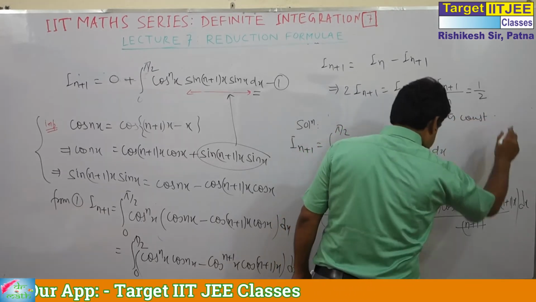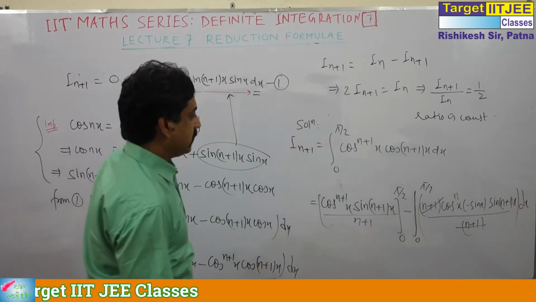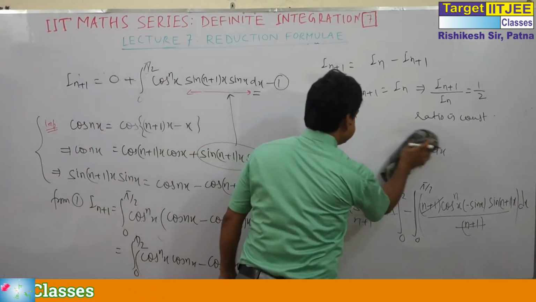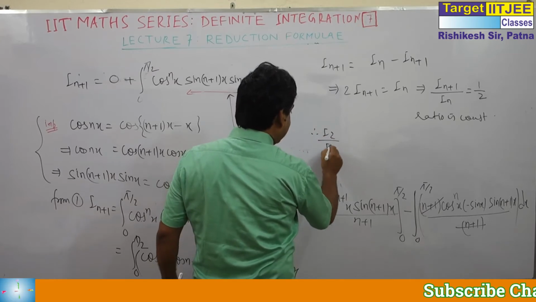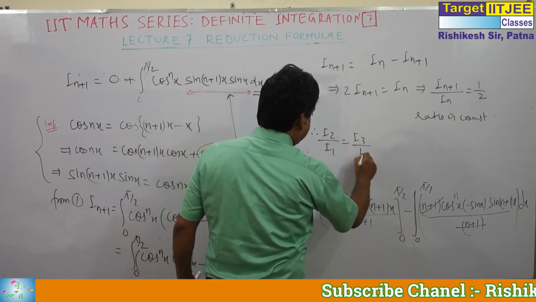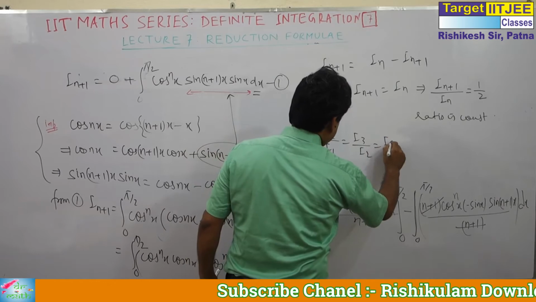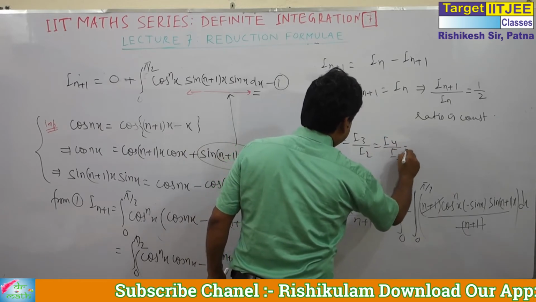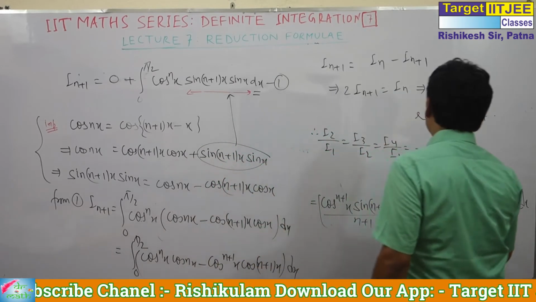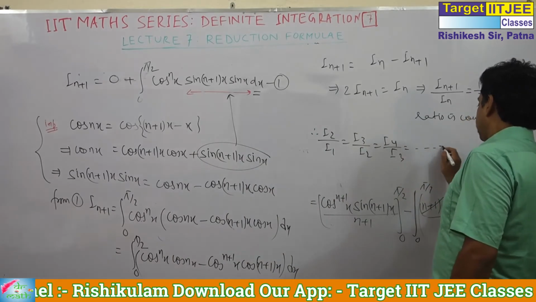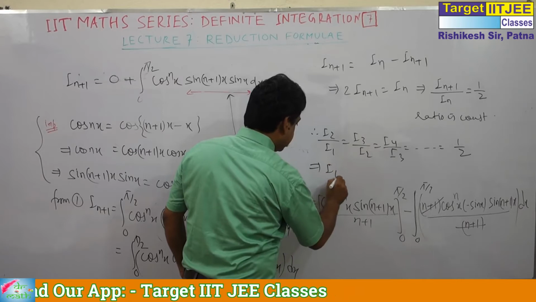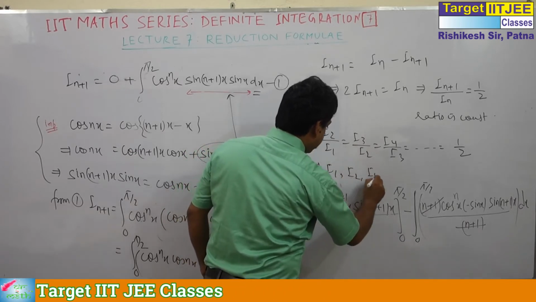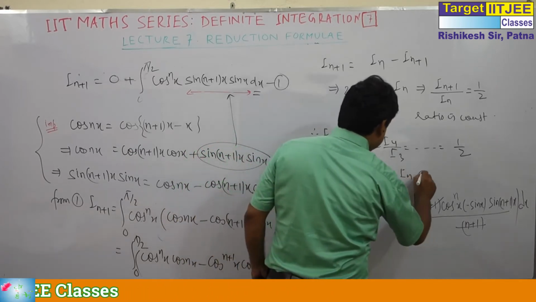Since the ratio is constant, therefore we say I2 by I1, I3 by I2, I4 by I3, these are all 1 by 2. So it implies I1, I2, I3, I4 are in GP.